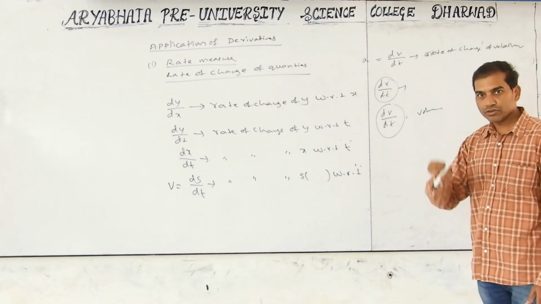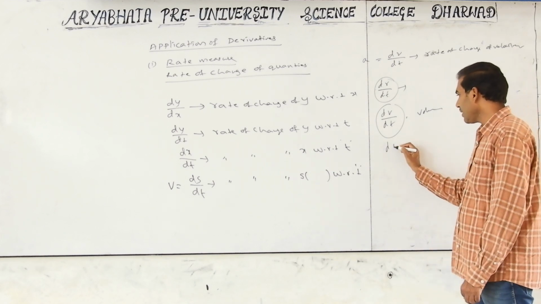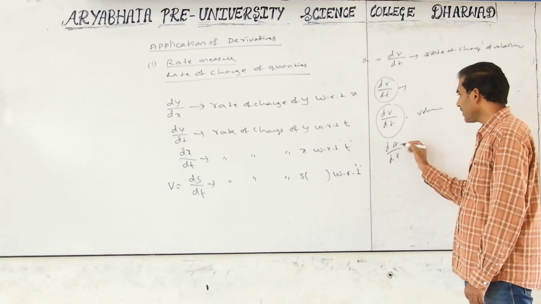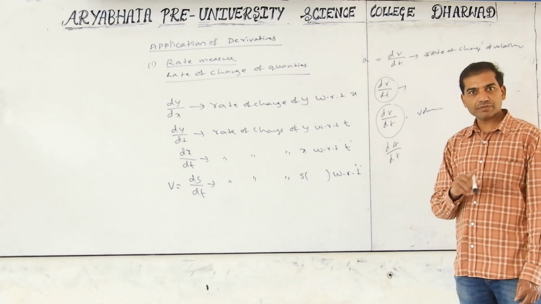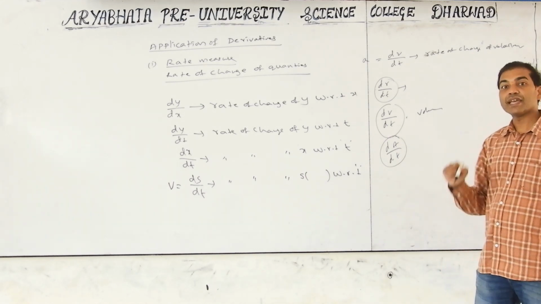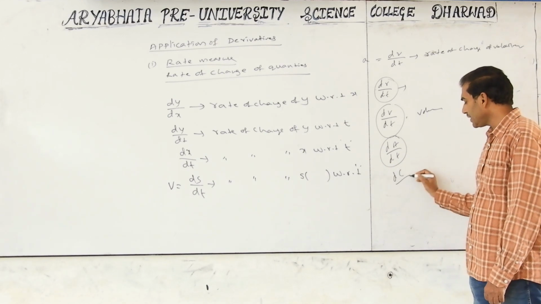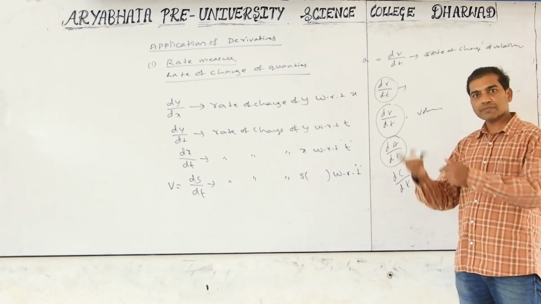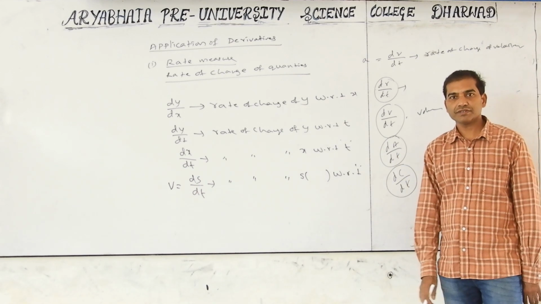Rate of volume. dA by dt, where A is the area of a circle or the surface area of a sphere, means rate of area. dC by dt, where C is the circumference of a circle, means rate of circumference.